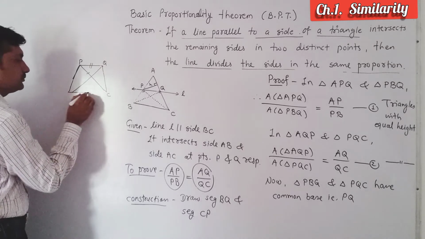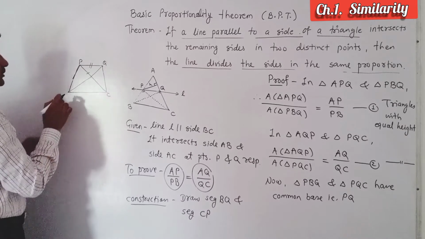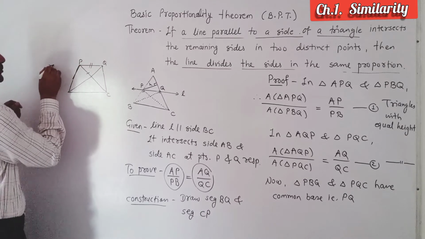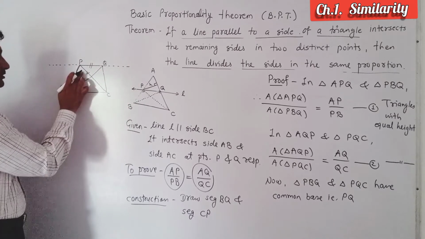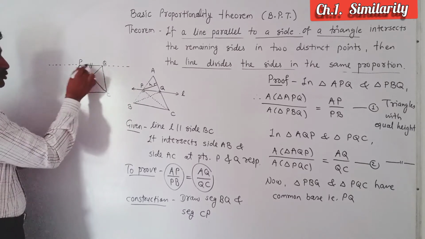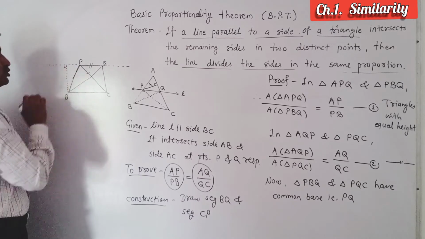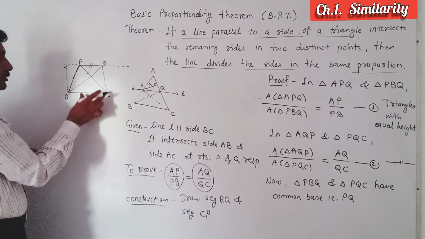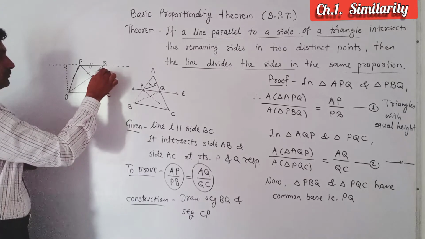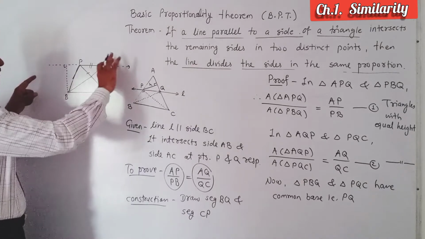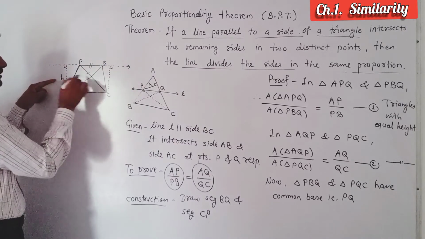If we extend the base, and we draw the height from here, PQ is the base, B is the third vertex. From here we draw the height, parallel to this one. The base is PQ, the base is extended, the height is drawn, here H, here H.